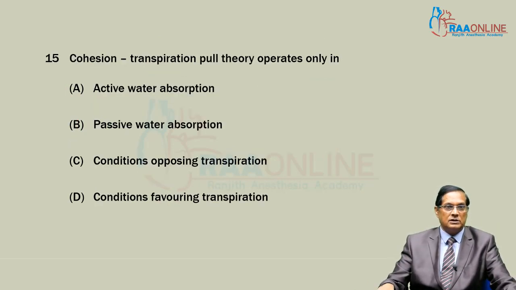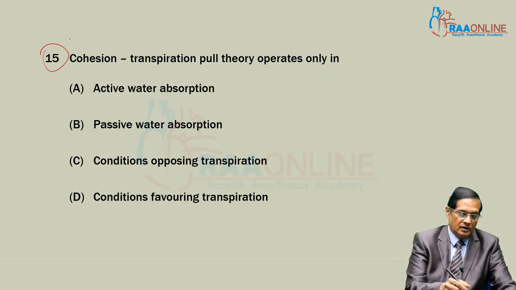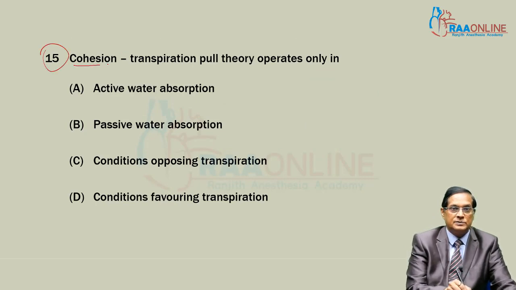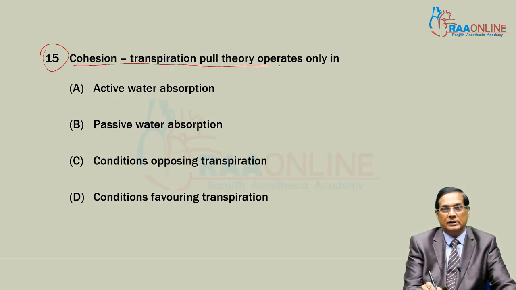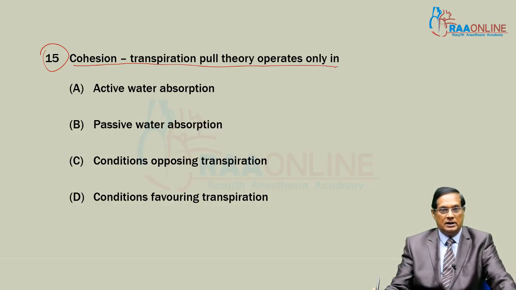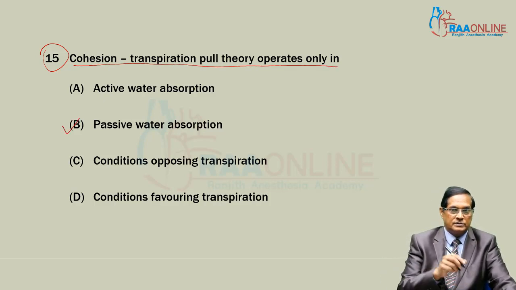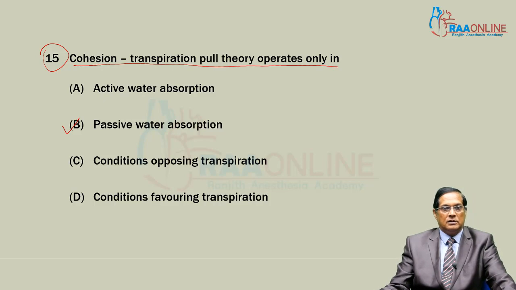Now come to question number 15. Cohesion of water and transpiration pull theory operates only in passive absorption of water. This is applicable for passive absorption of water or conditions favoring transpiration.